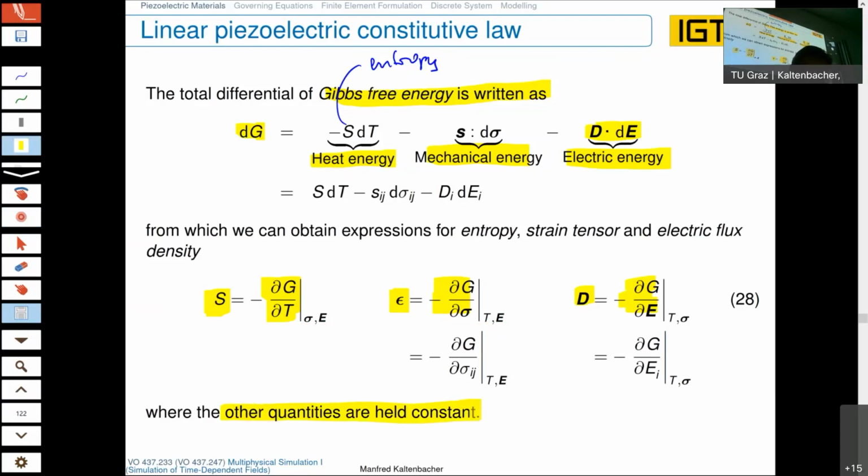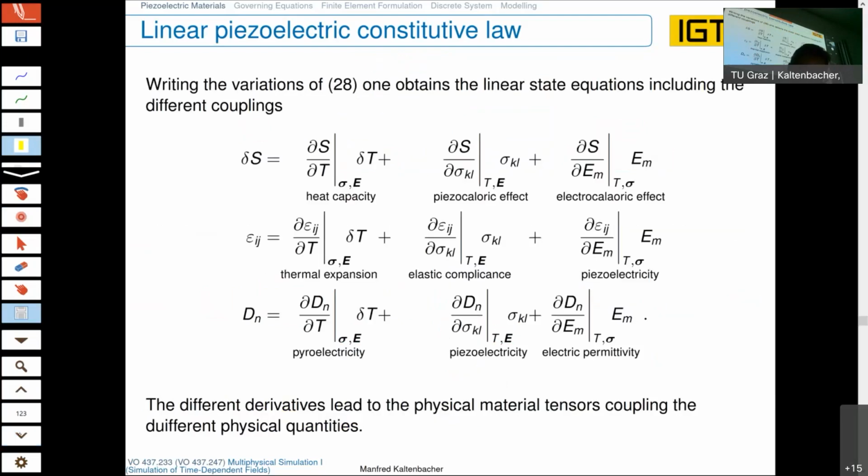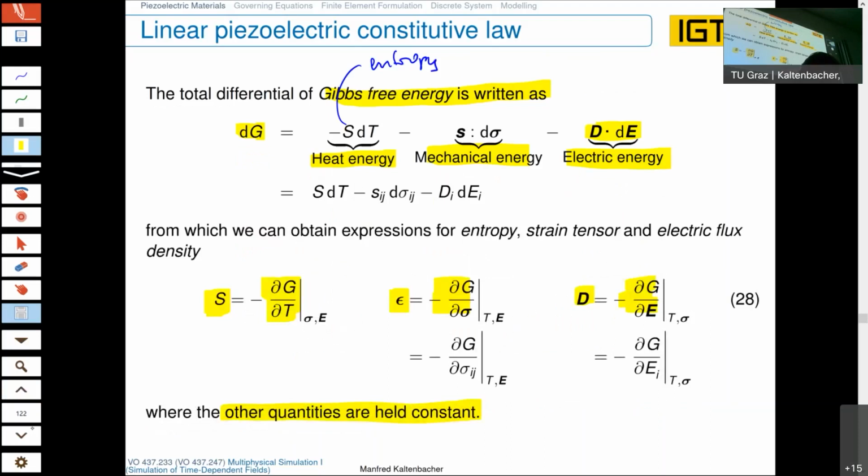So if you do this, without any details now, you get very interesting constitutive equations where the derivatives are our material tensors. Now this is the variation of the entropy. This is our strain, now written with epsilon.